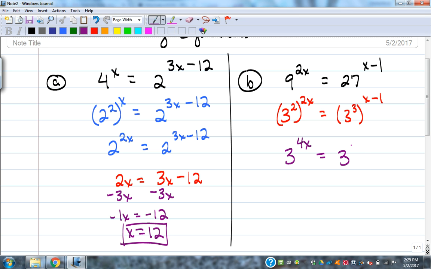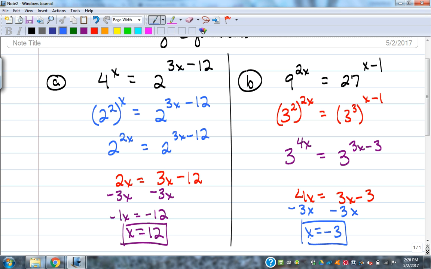So 3x minus 3. Now that the bases are the same, we got an easy equation to set up and solve. 4x is equal to 3x minus 3. This one's really easy to solve. x is negative 3. And if you plug that into the original problem, it does work. We get a solution out of that. If we can get the bases the same, that can be done.